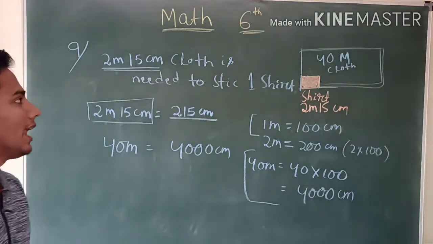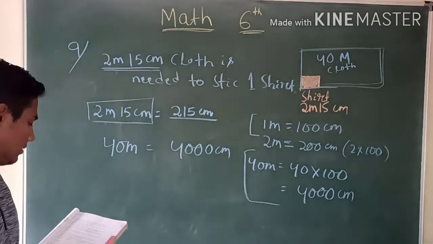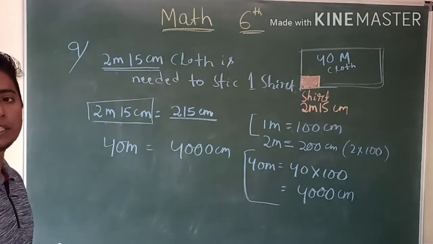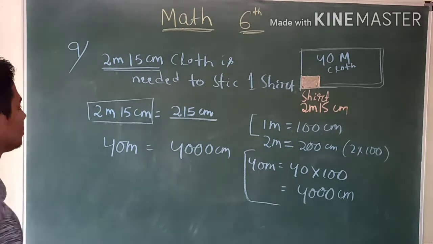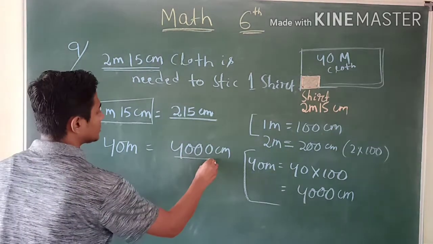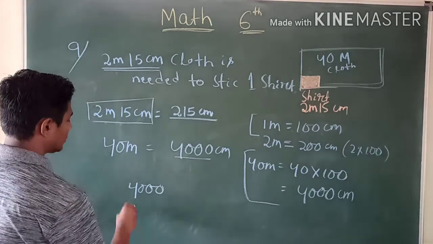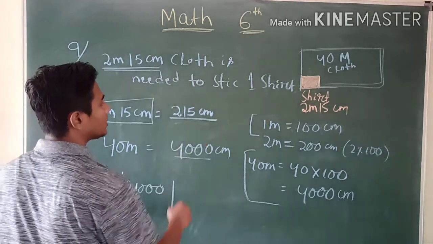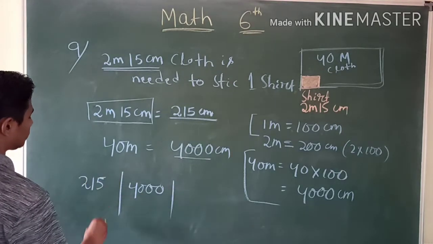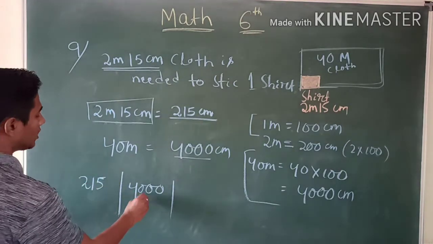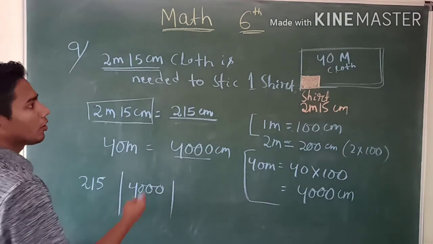Understood? Now we have to find how many shirts can be stitched. For this you can do division. So total cloth is 4000, and for one shirt you need 215 centimeter. So now divide 4000 by 215. All of you have written this.